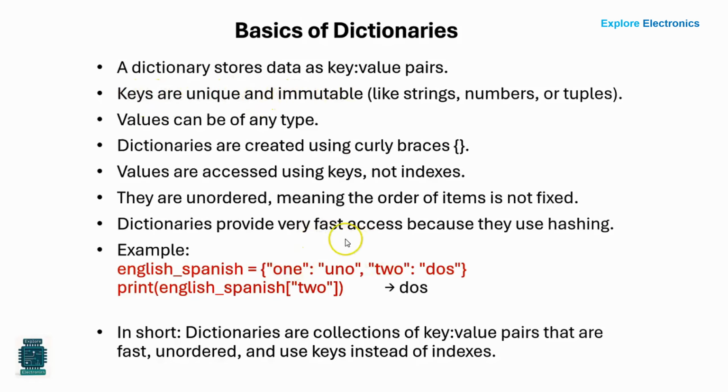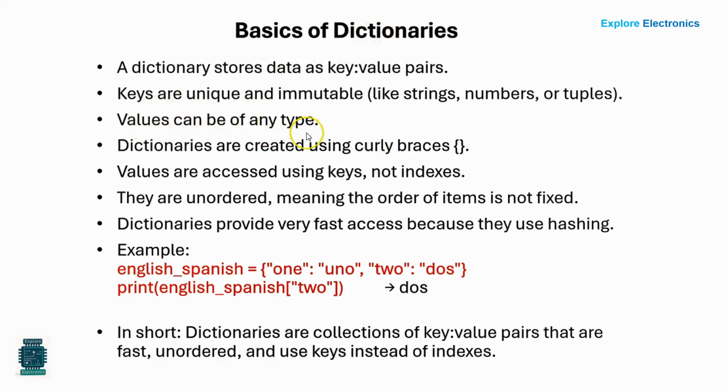Here the keys are unique, different, and immutable. It is not changeable. Got it? Like strings, numbers, or tuples. Strings are also immutable. Very clear? If you want to update or change anything, we have to create one more string. Like that, the dictionary also.